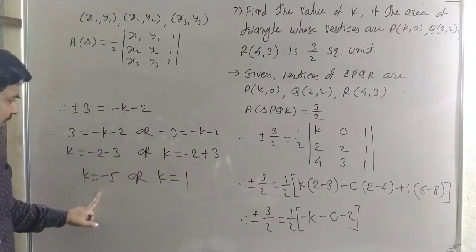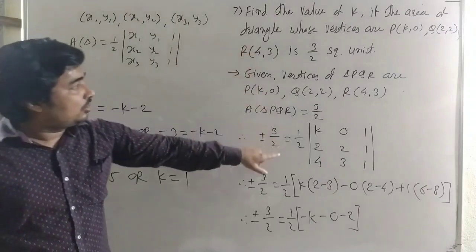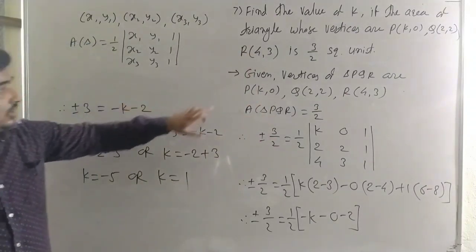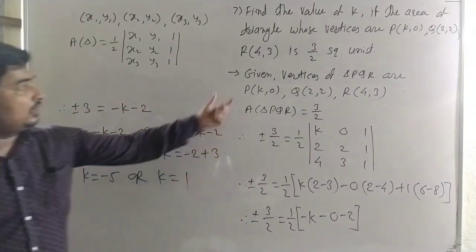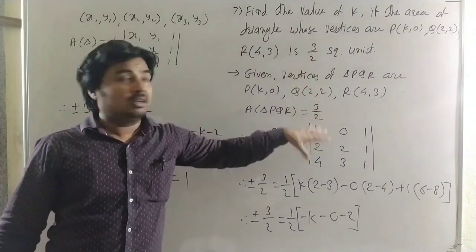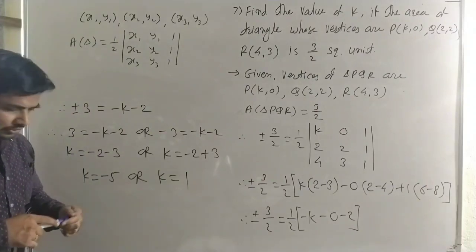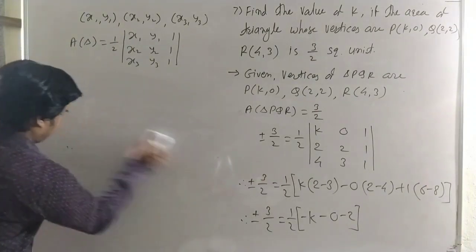Okay, that is the value of K. Here the coordinate is (K, 0), therefore the coordinates of the triangle's vertex P are (minus 5, 0) or (1, 0), and these form a triangle whose area is 3 by 2. Okay, now you can see the last example in this exercise.